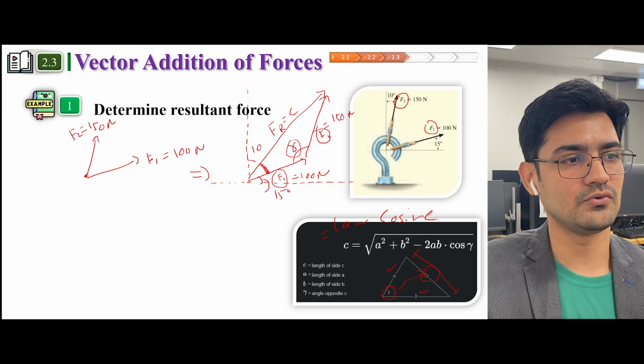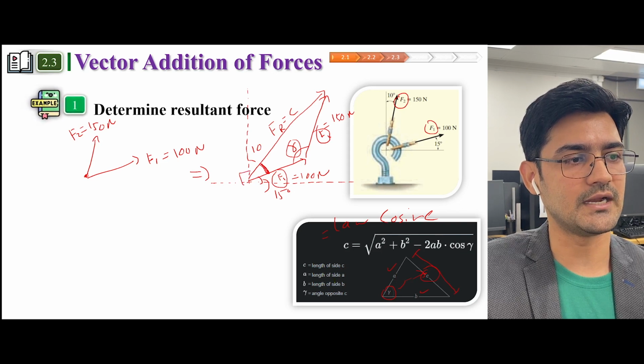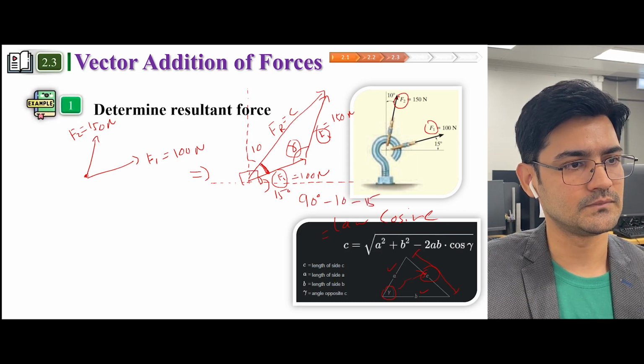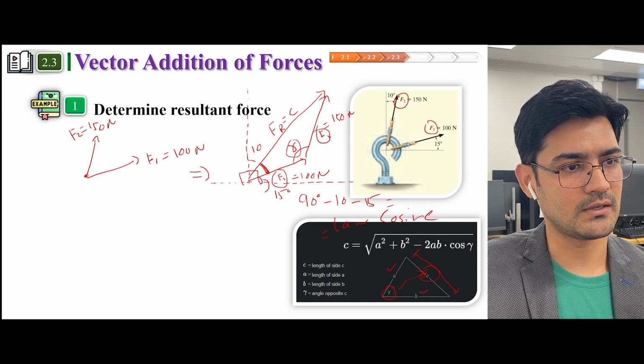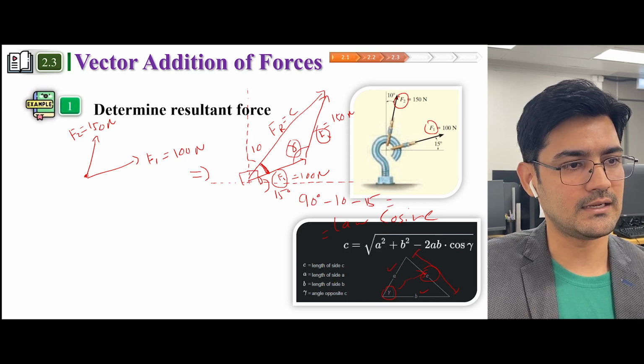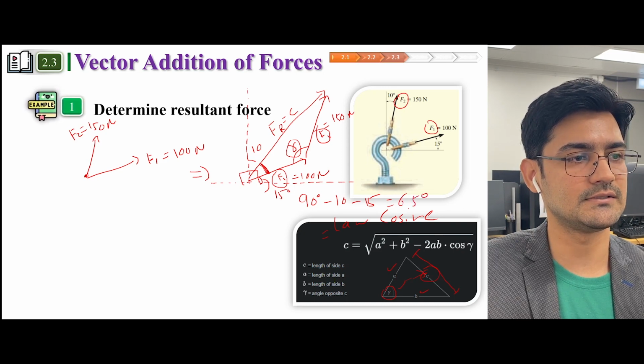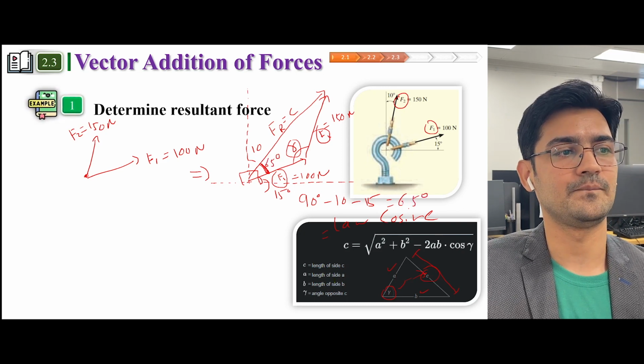So how to find this? We know that this is 90 degree, this is 90 degree. So 90 degree minus 10 minus 15, in this way you're going to get 65 degree. So this is 65 degree.